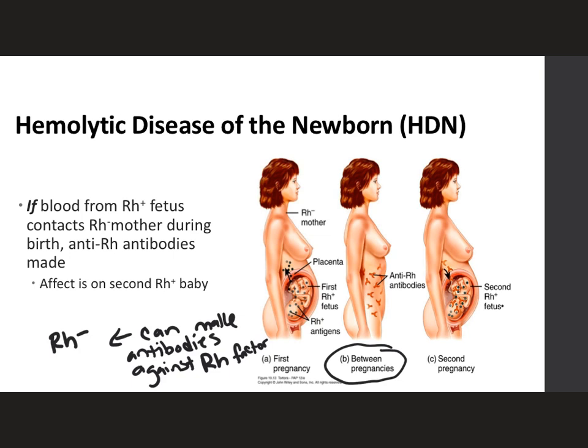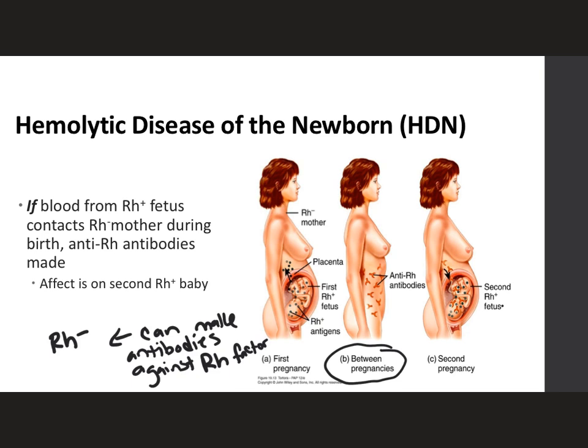So obviously if a mother is Rh negative and there's a chance of her having an Rh positive fetus, the doctor can intervene during that. And again, this is something that is really unique to the Rh factor. Because the antibodies are not normally present, they have to be made, okay? This could even happen in a blood transfusion.